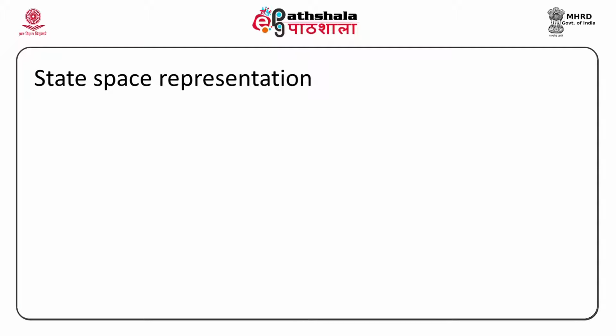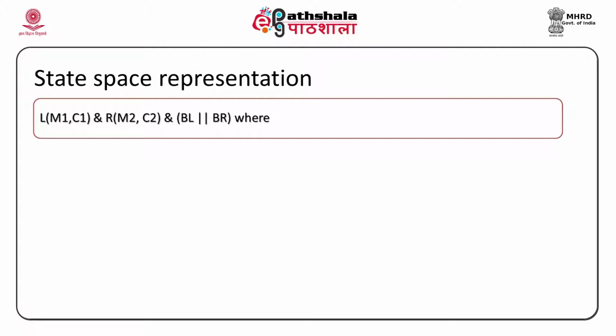Here is the description. Look at the slide. 3 missionaries and 3 cannibals have to cross a river with only one boat. The boat can carry a maximum of 2. At no point of time should the missionaries be fewer than the cannibals. Now this is the state space representation. Look closely at it: L, M1, C1. L is the left side of the river.